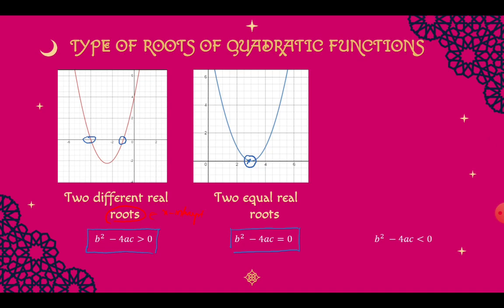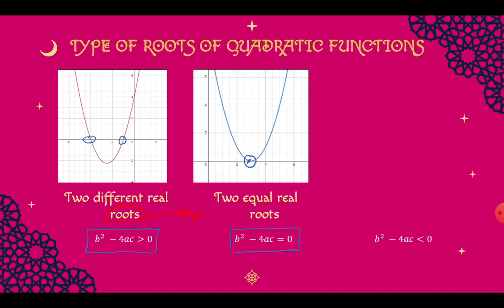When we talk about two different real roots, the discriminant must be greater than 0, and the graph must touch the x-axis at two different points. However, for two equal roots, the discriminant b squared minus 4ac equals 0, and the graph must touch the x-axis at one point.